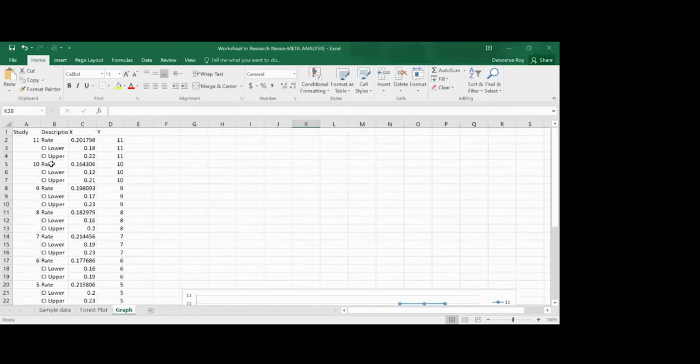Basically, I have a study column and a description column, which has the rate, which is our outcome variable, and then what goes in the X and what goes in the Y. The X will have your effect size, your lower confidence interval, and your upper confidence interval, and your Y will have the new study number assigned.